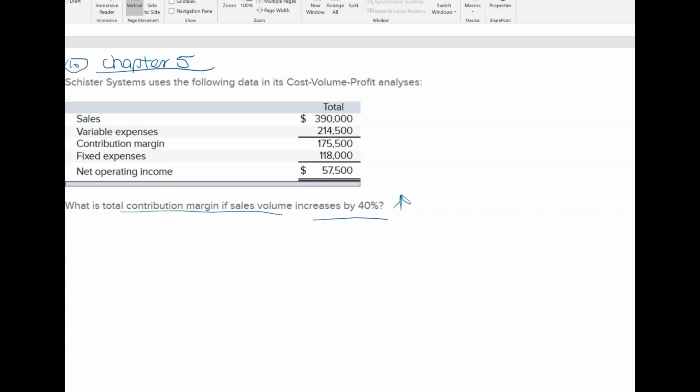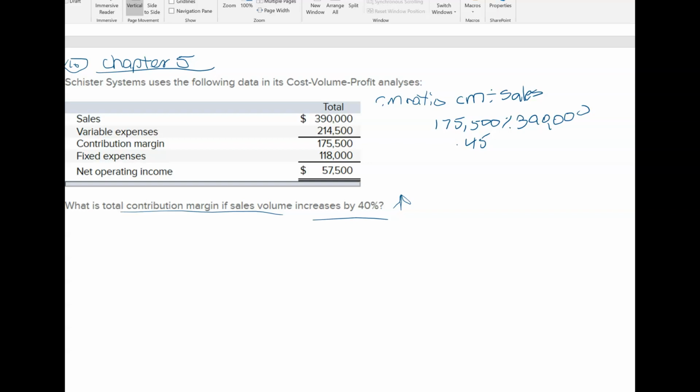The contribution margin ratio is the contribution margin divided by sales. The contribution margin is 175.5 divided by sales of 390, and that's 0.45.